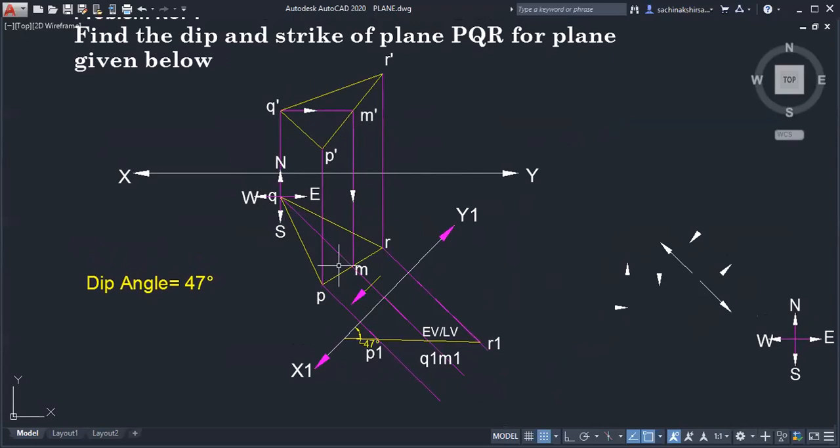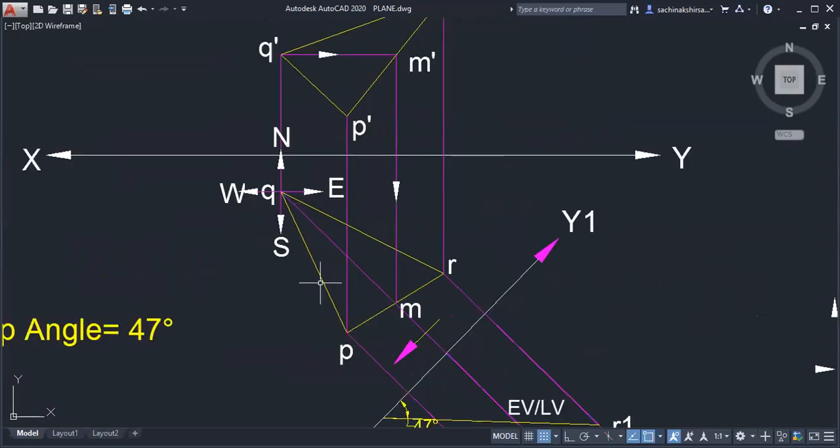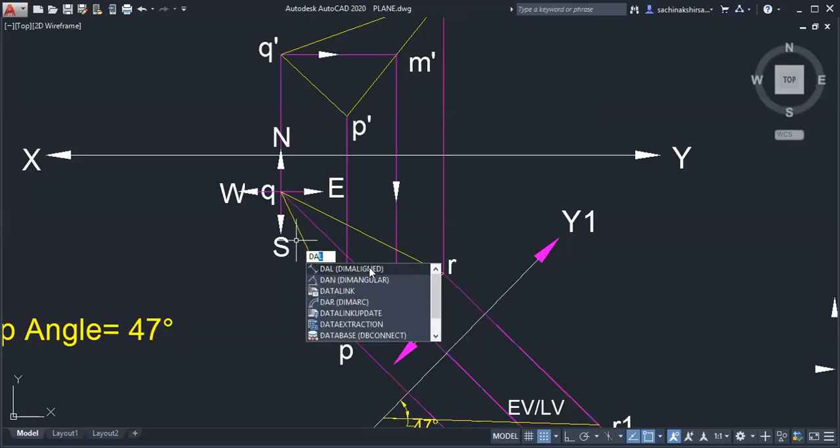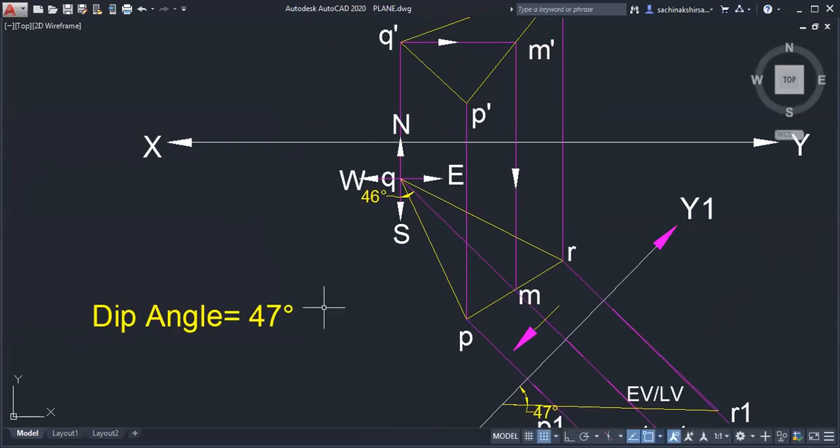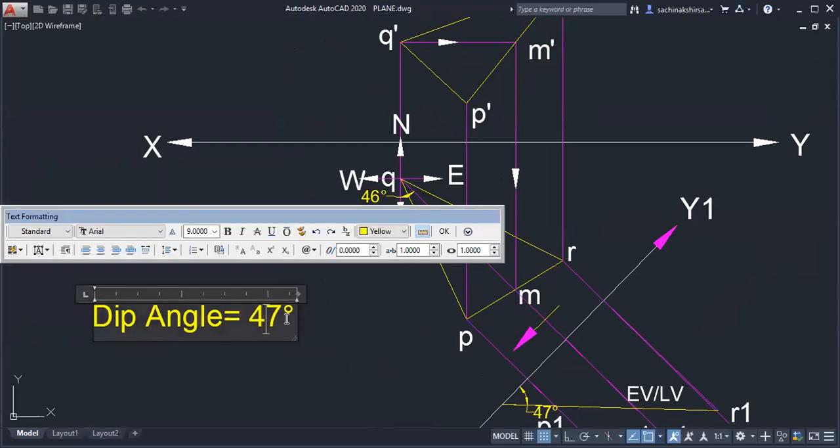In this problem, it is the south direction. So with that south direction, we have to measure the angle. How much is it? In my case, it is 46. Can anybody tell how much it is in your case?